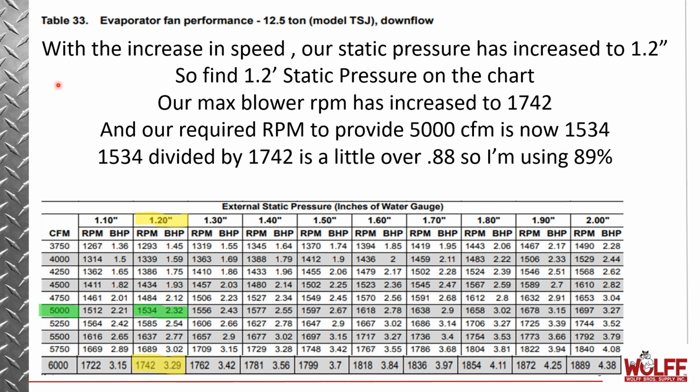So find 1.2 inches of static pressure on the chart, and you're going to notice that our max blower RPM has increased to 1742, and our required RPM to provide 5,000 CFM is now 1534. So 1534 divided by 1742 is a little over 0.88. So I'm going to use 89%. Now we have to go back and change our fan speed yet again.